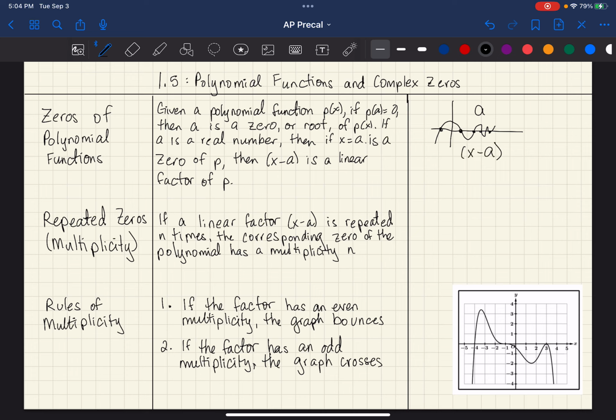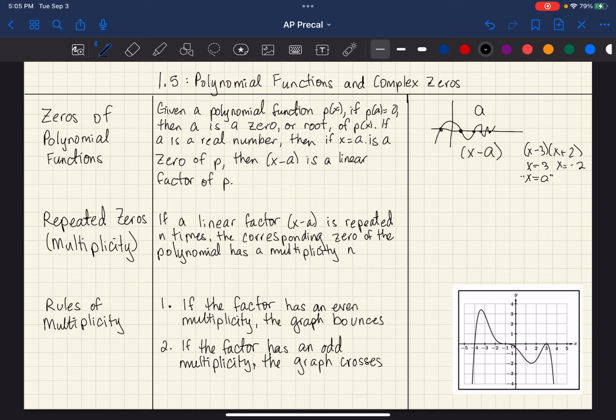This is something we should be very familiar with. When we factor a polynomial, you always end up with, say, x minus 3, x plus 2. These are the factors that it's talking about. And then I would have x equals 3 and x equals negative 2. Those are my x equals a situations.